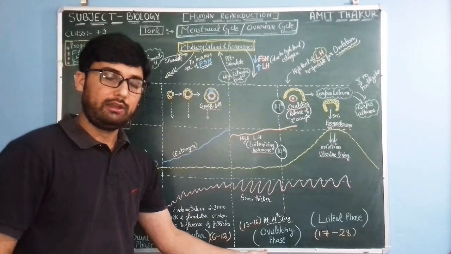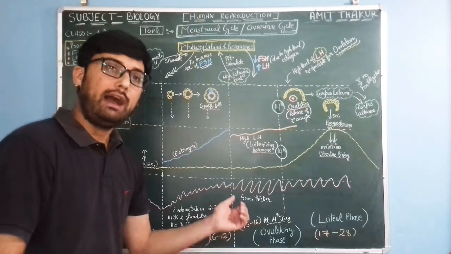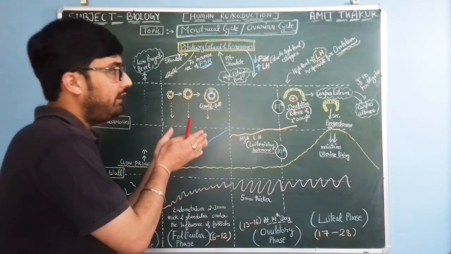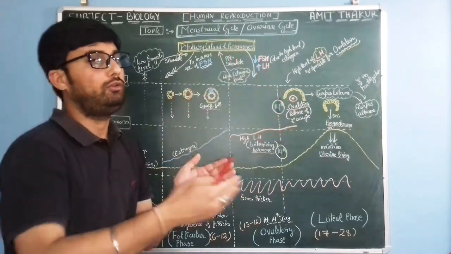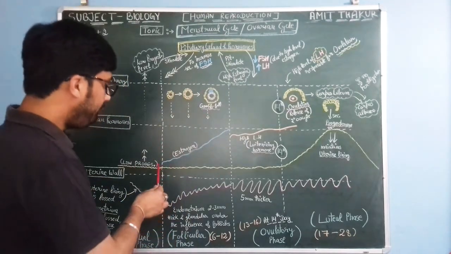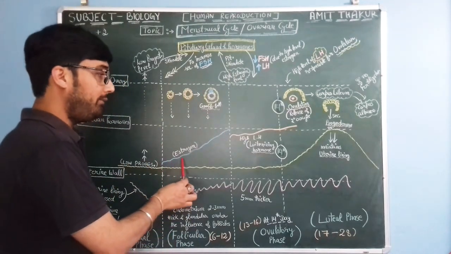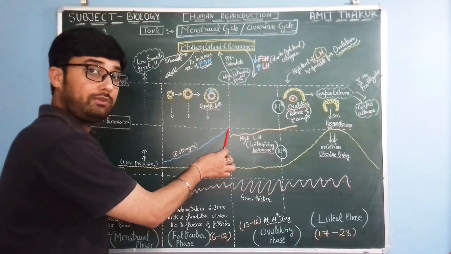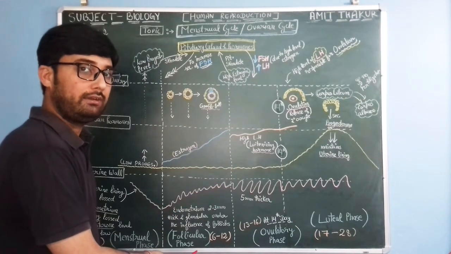So the ovulatory phase, or ovulation, occurs during day 13 up to day 16, to be more exact, day 14. What would happen? Here you can see that the estrogen level becomes very high during the follicular phase.